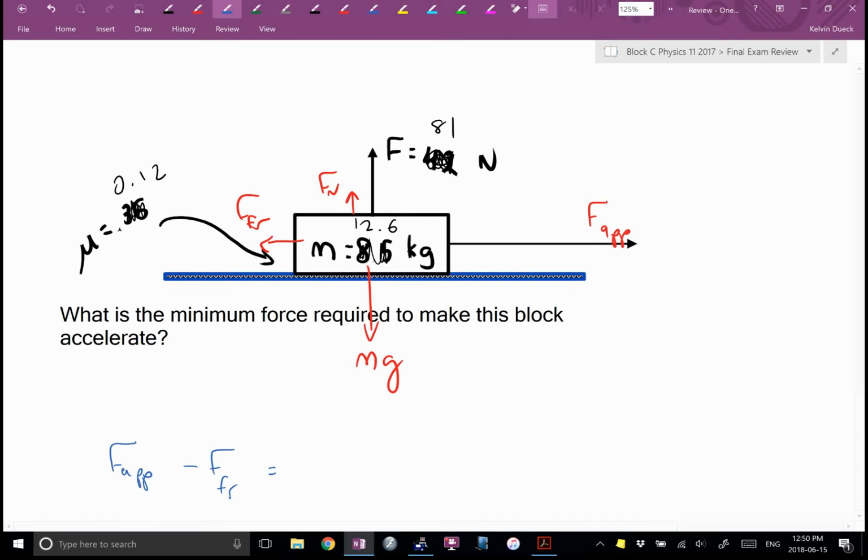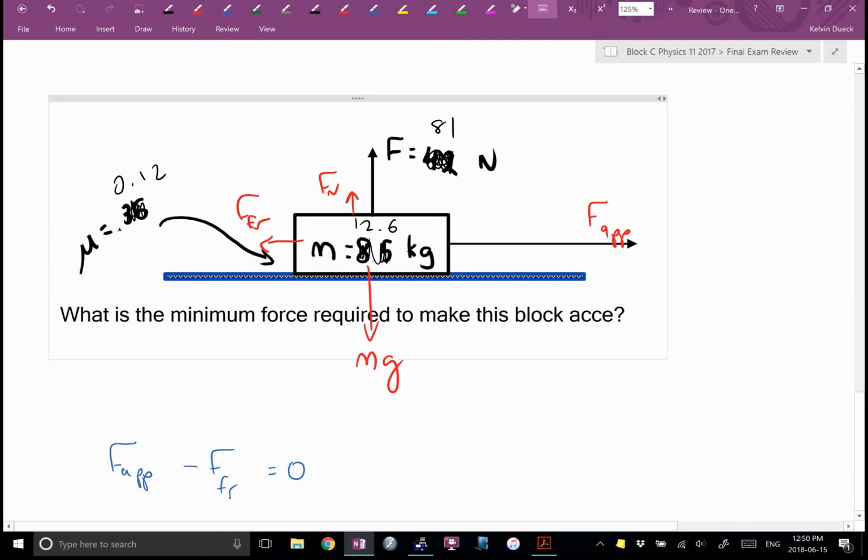More specific. If we just start to accelerate, what we're really saying is we have just overcome everything. We're just about to move, or moving at a constant speed. In fact, how about instead of accelerate, I say move at a constant speed? A is 0 in this case.